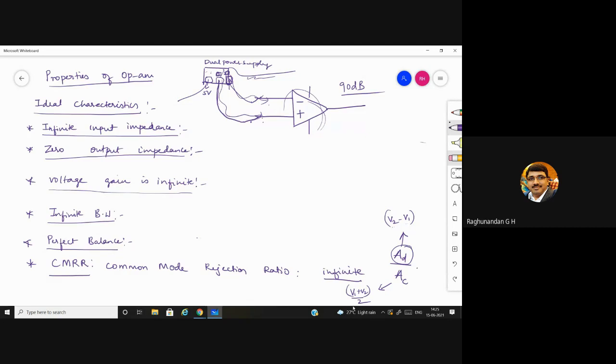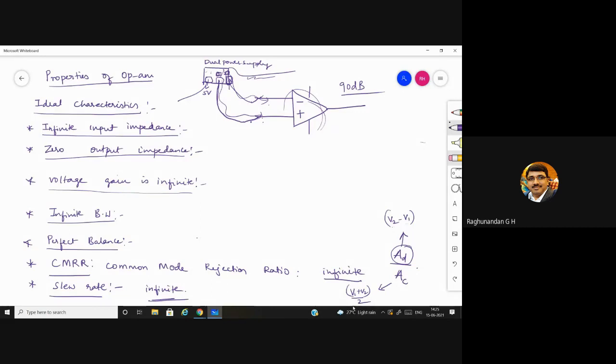After this, the next one is slew rate. So we tell the slew rate is infinite. That means it is the rate at which the output changes with respect to input.